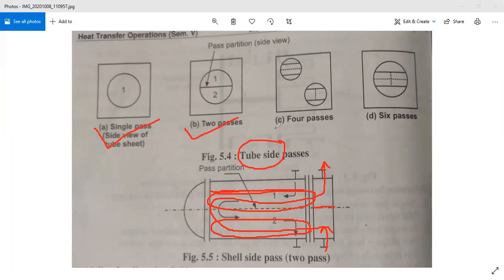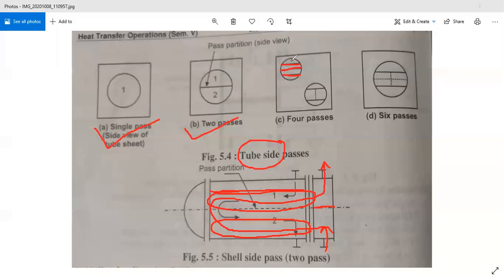and that is why this is called a two pass tube side heat exchanger arrangement. In a similar way, if you want to pass the tube side fluid four times in the shell and tube heat exchanger, then you can arrange the pass partitions or metal partitions in this way. For achieving four passes, you have to incorporate three metal partitions or three pass partitions.